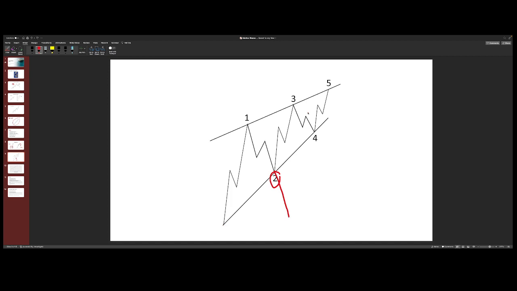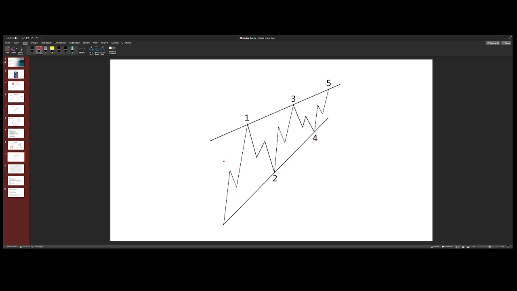Wave 3 always goes above the end of wave 1. Wave 4 never moves beyond the end price of wave 2.